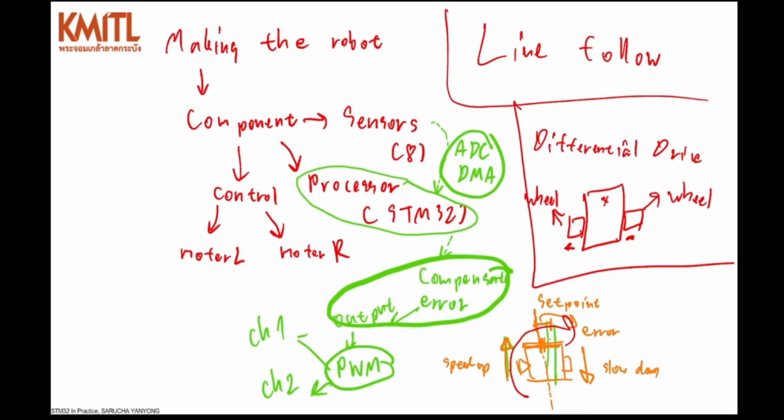We can use channel 1 to control the left motor, and channel 2 to control the right motor. That is the concept that we use to control the robot. Actually, we can use this concept to control everything. We have a sensor, we have a processor, and we have the control part.